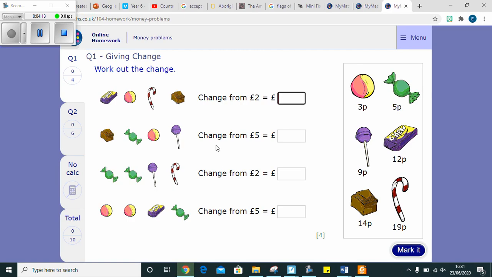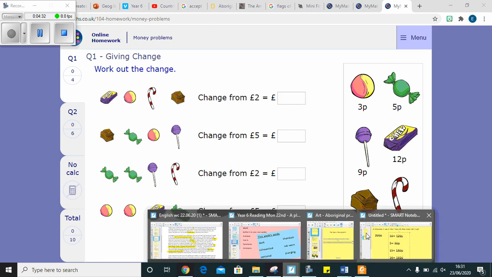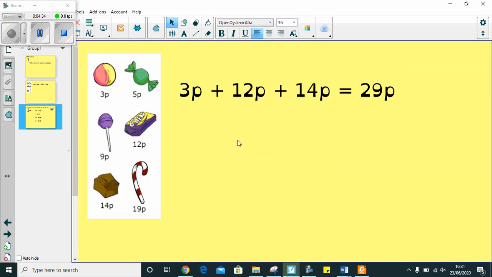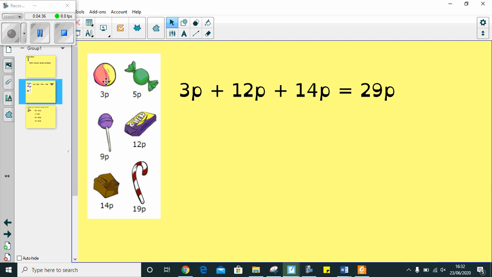Today, your homework on My Maths looks a bit like this. If you were buying a chewy, a pink and yellow sweet, a candy cane, and a chocolate bar, and you paid with £2, how much change would you get? If I go back to my work that I did, we knew that when we bought a pink and yellow one, a chewy and a chocolate bar, that cost 29p.